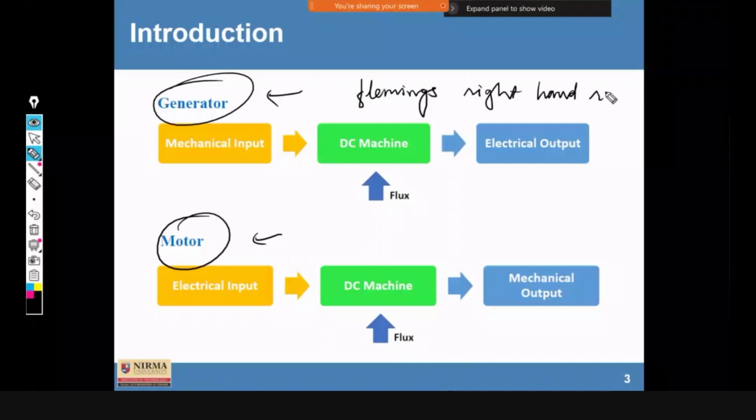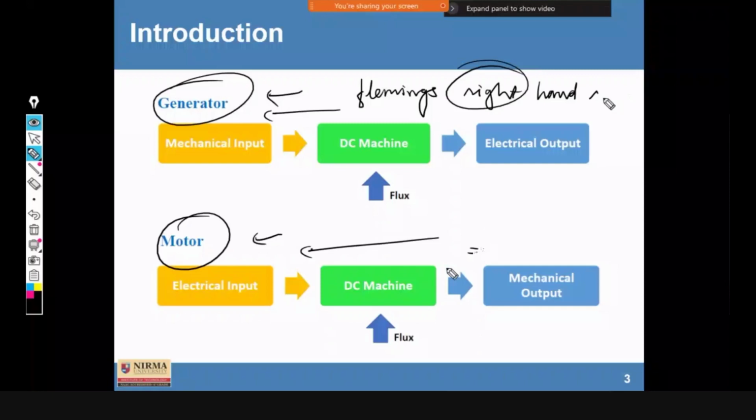Whenever we discuss the generator, Fleming's right-hand rule comes into the picture, and for the motor, Fleming's left-hand rule. In the right-hand rule, there is a magnetic field produced by two different poles, N and S. The direction of the magnetic field is given by the four fingers, and the motion of the conductor cuts the magnetic flux and an EMF is induced, which is electricity generation.